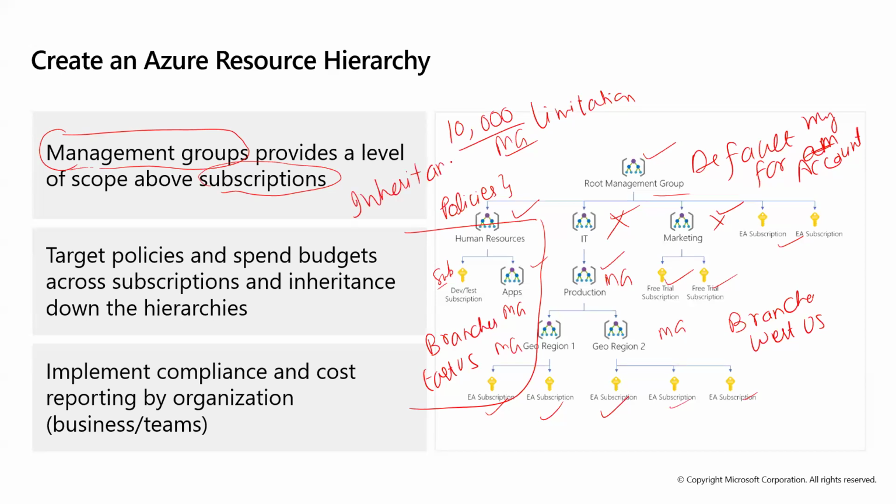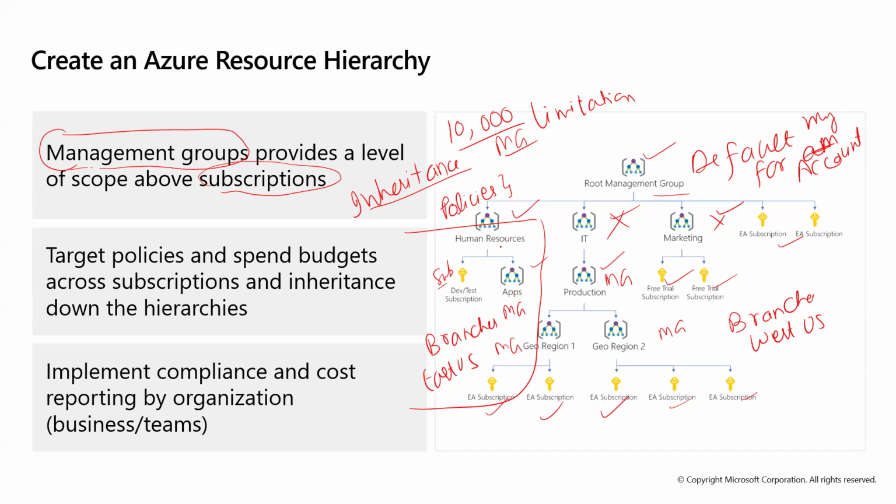Now, what is this inheritance? Whatever you apply to the parent node will automatically apply to the child nodes. The policies and the access control in the parent node will be automatically inherited by the child nodes.